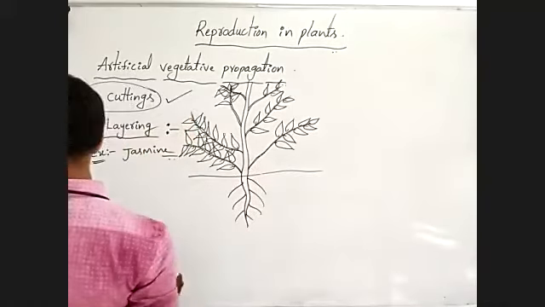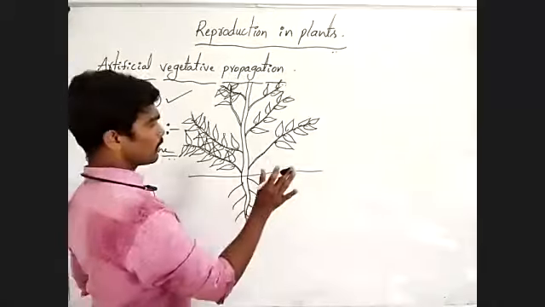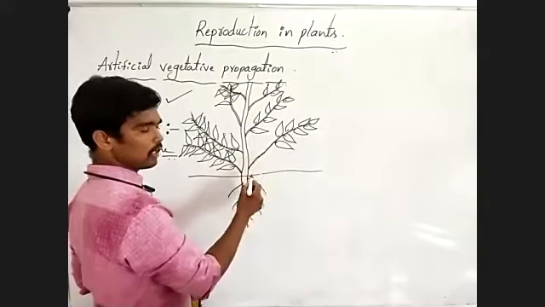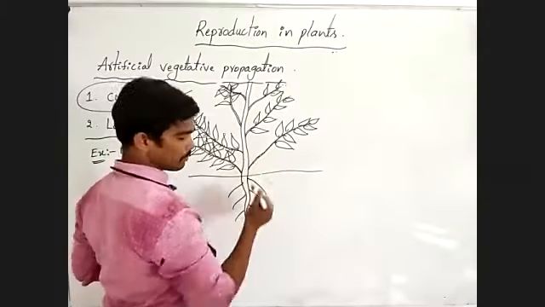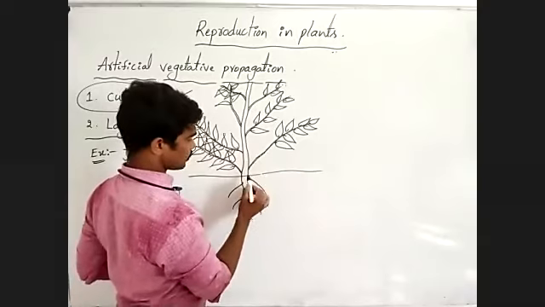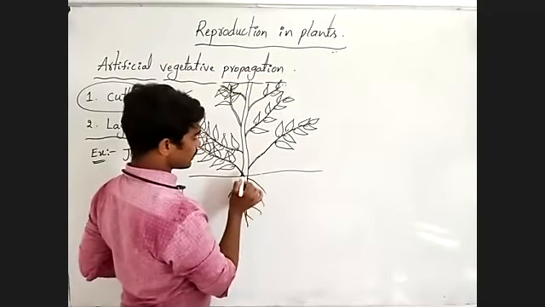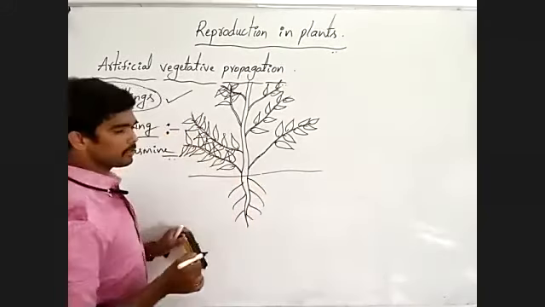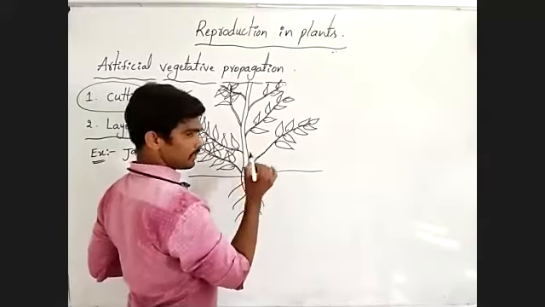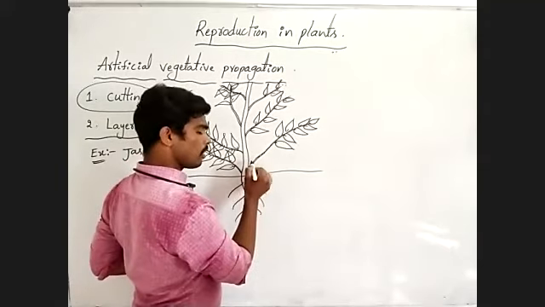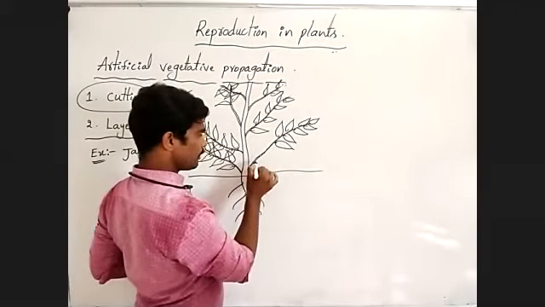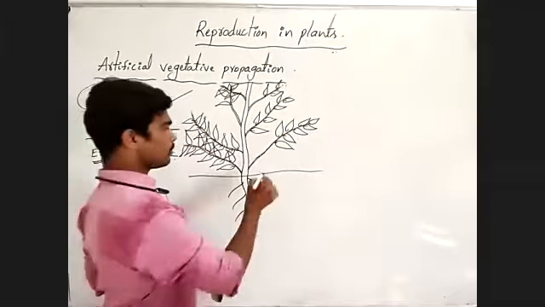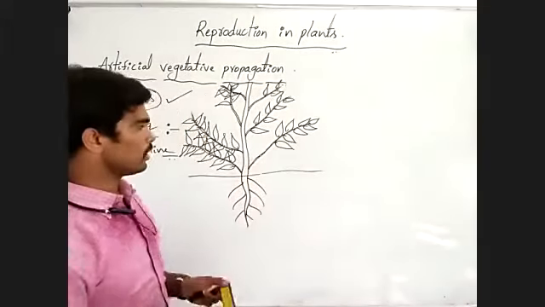For example, imagine this is a lateral branch, a lower, slender weak branch. There are a number of lower branches. In the layering method, a small lower slender weak branch is buried in the wet soil.